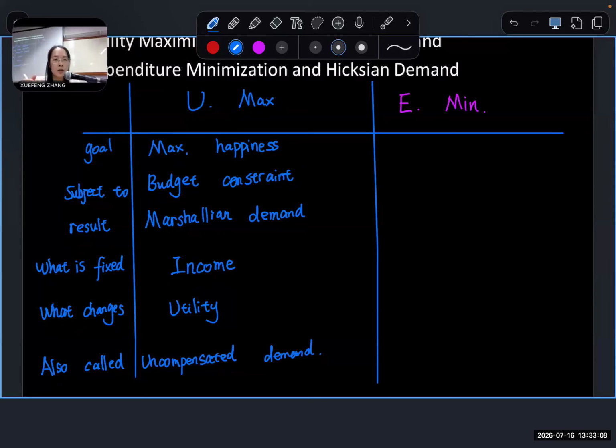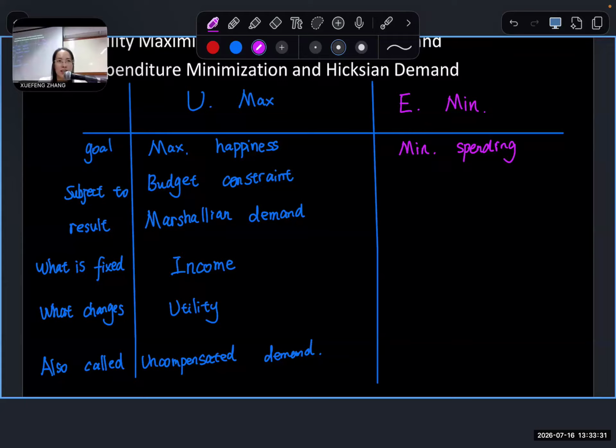This is about utility maximization. The other way around, expenditure minimization. The goal is to minimize spending, subject to our utility level.